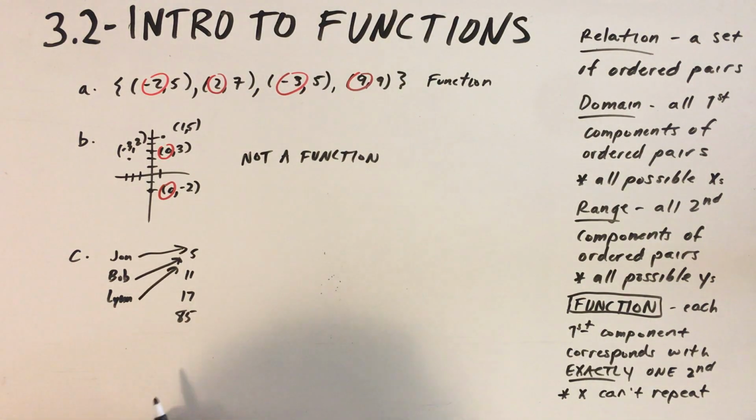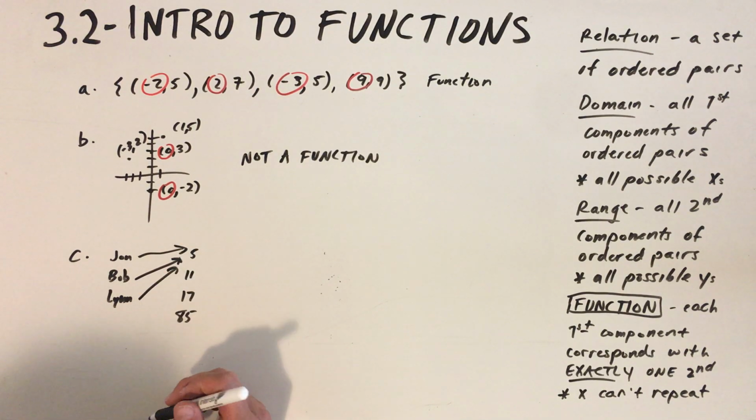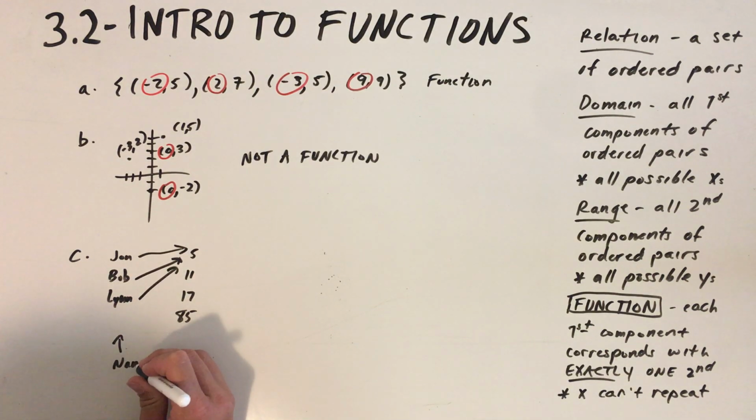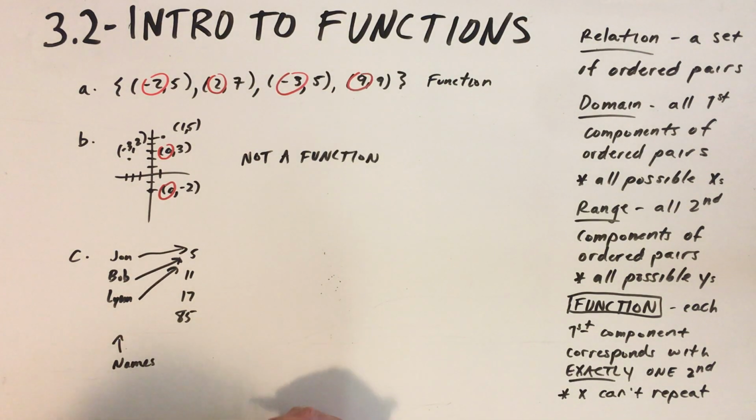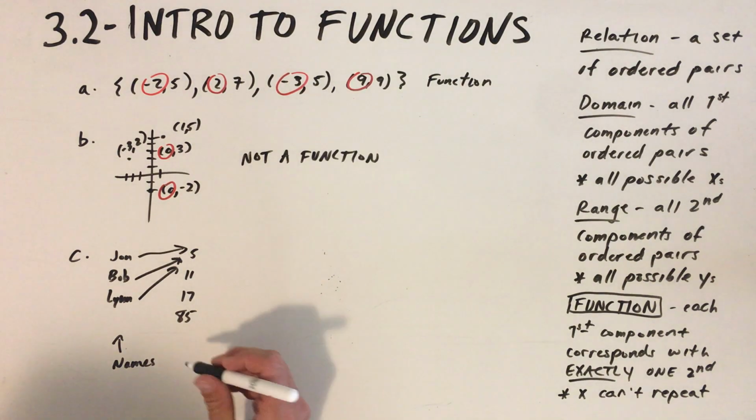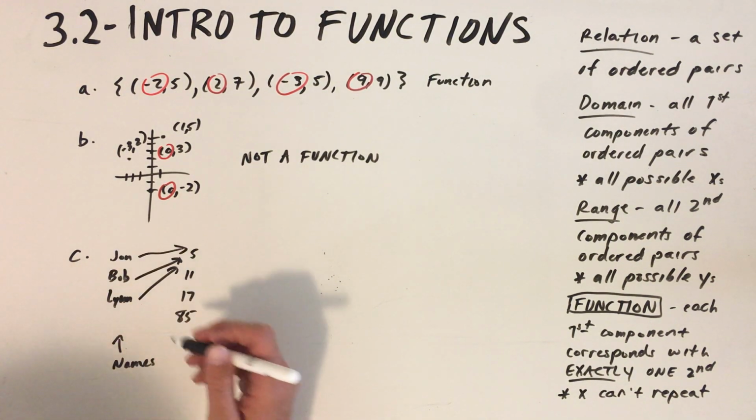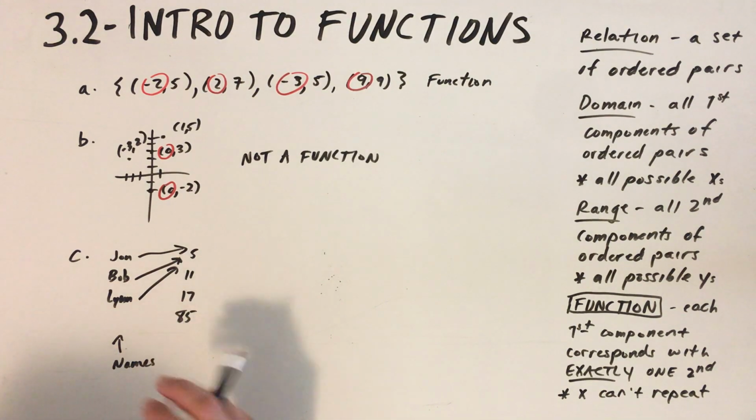Okay, so with the correspondence being each person's age, is this a function? Well, the question is, do people in a certain city, do these repeat? Well, while their names might repeat, the people themselves are all individuals. No individual can be more than one age. So we're not talking about their names, we're talking about the person themselves.